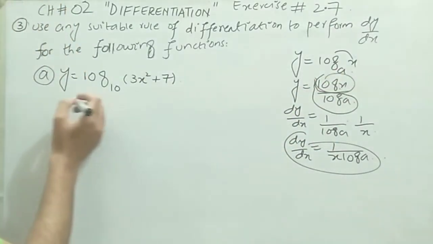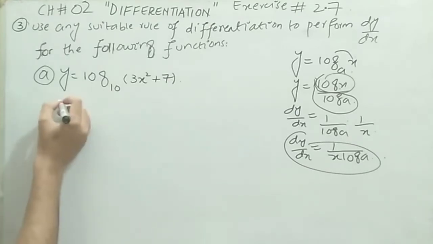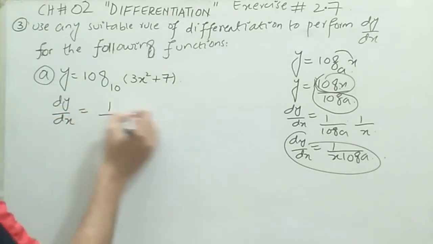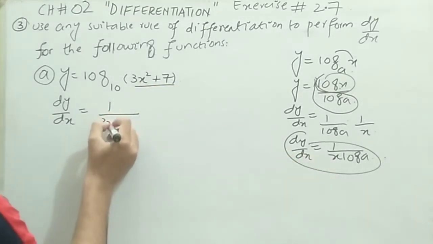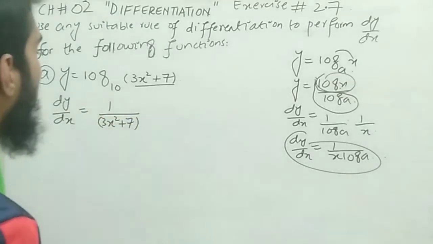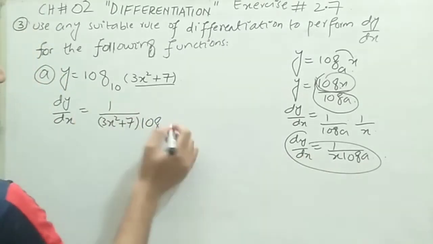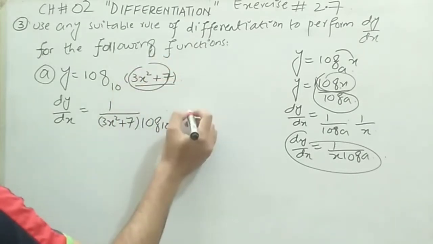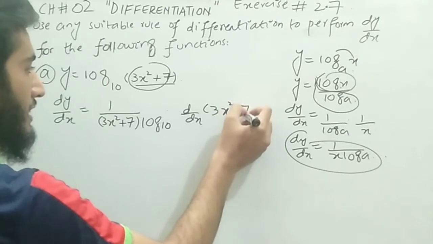Now move toward y is equal to log of 3x square plus 7 to the base 10. What will be the derivative of this function? According to this formula, dy by dx will be equal to 1 over x, where x is 3x square plus 7, and log a, where a is 10, so log of 10, multiplied by the derivative of this inner function, 3x square plus 7.